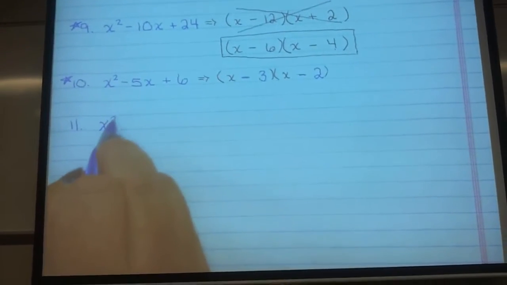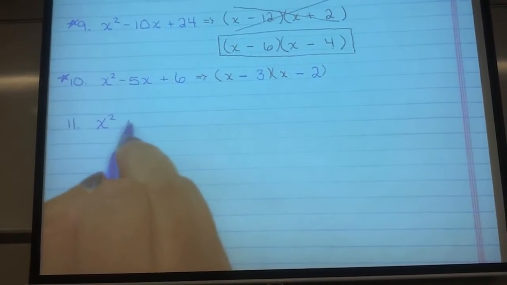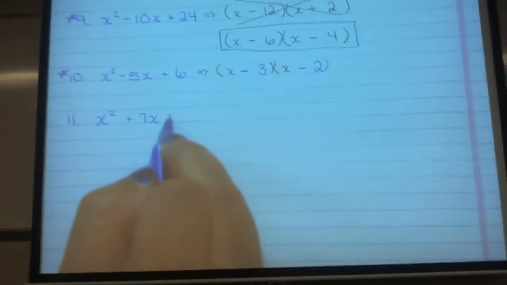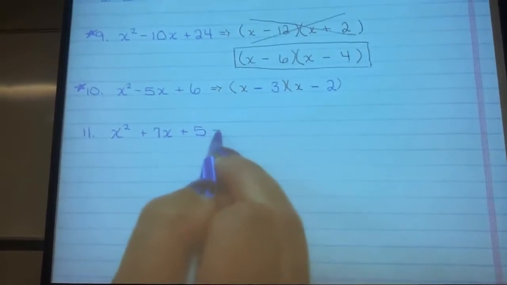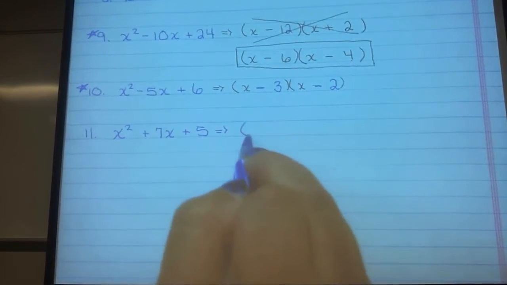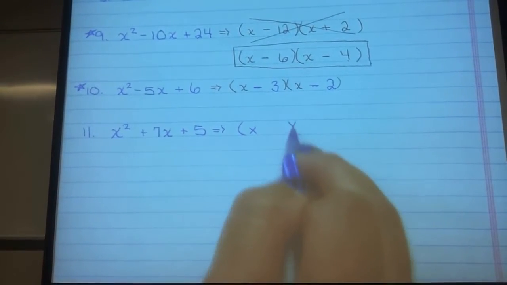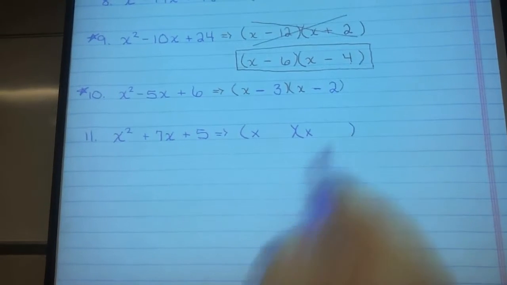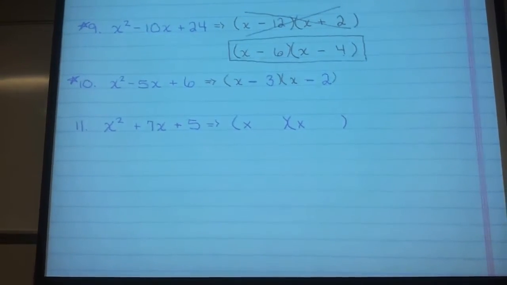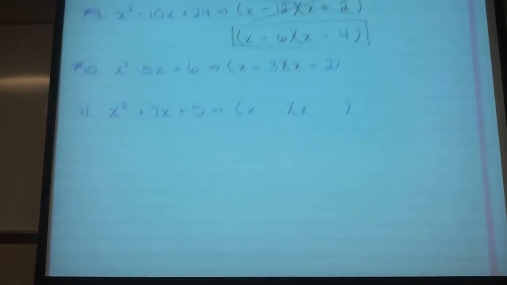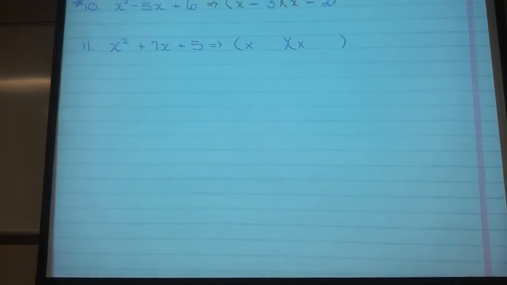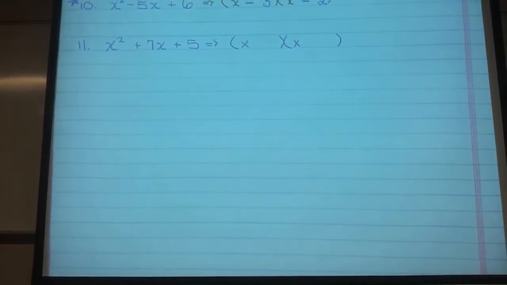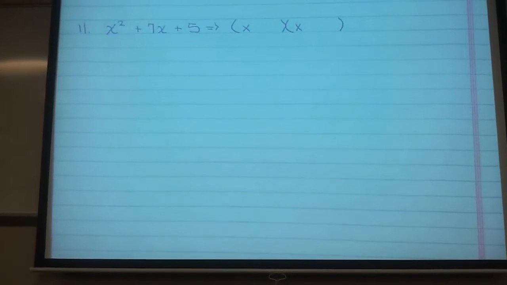All right, let's try this one. X squared plus 7x plus 5. So what two numbers multiply to 5? What's the only choice? 1 and 5.